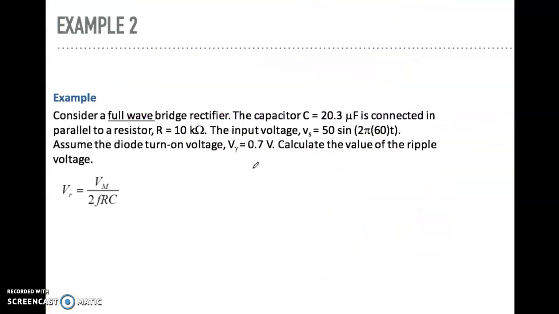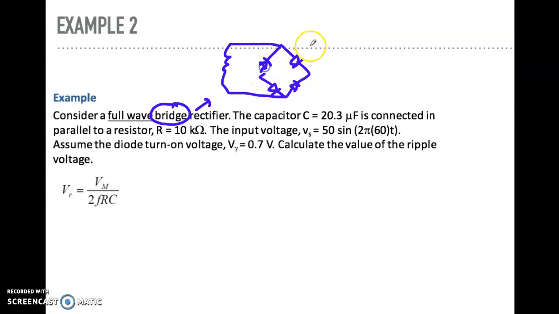Okay, so let's see the second question. The question just now is the center tap. So this question is called bridge rectifier. When we say bridge, it means you have four diodes, right? 1, 2, 3, and 4. So in order for this diode to turn on, you need to go through how many diodes?